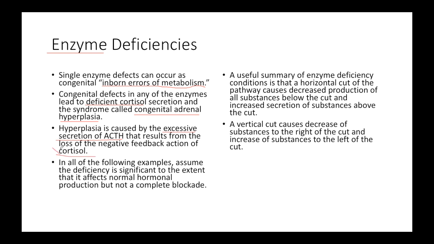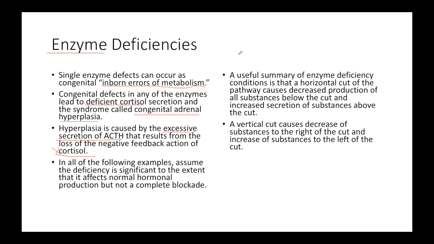So that is no longer there. So when we get to the next section, we're going to assume that all of these deficiencies are significant to the effect that it affects normal hormonal production, but not necessarily a complete blockade.